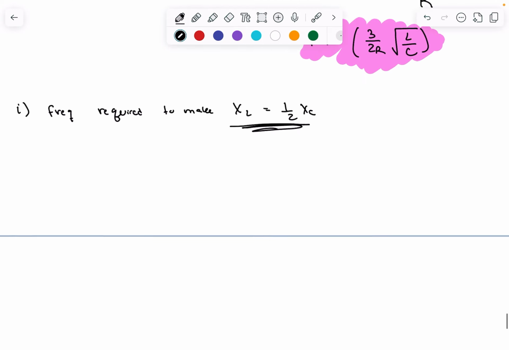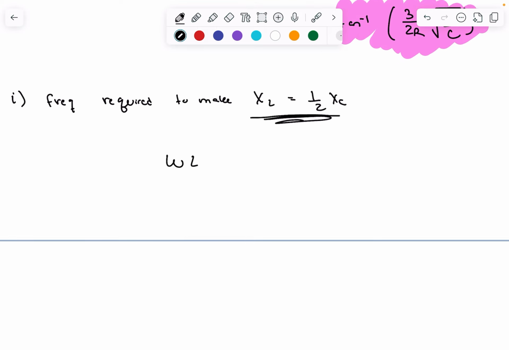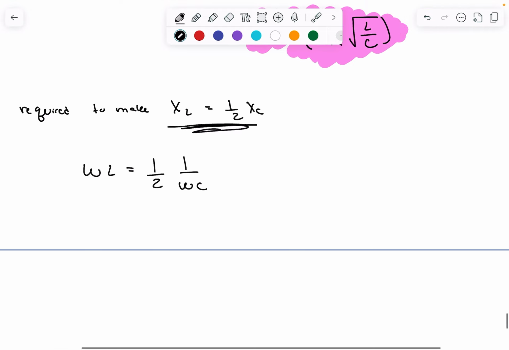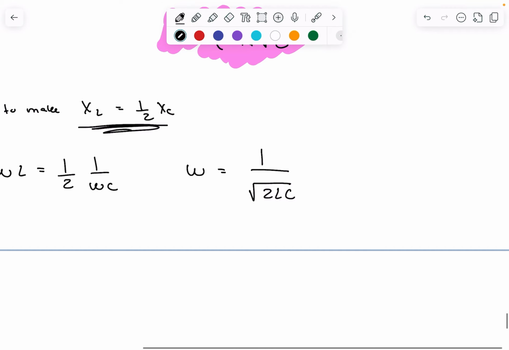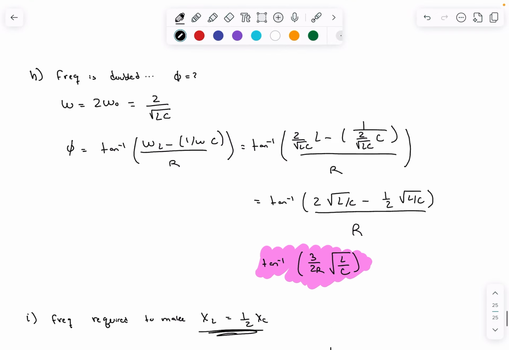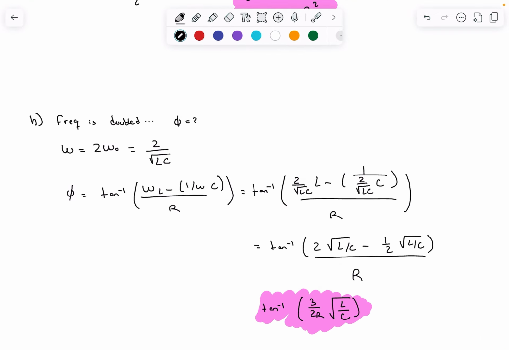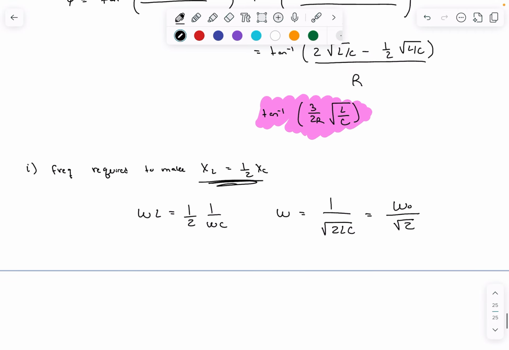If we write those out, we're saying we want omega L to be equal to 1/2 times 1 over omega C. So that means omega is equal to 1 over square root of 2 times L times C, or omega is equal to omega naught divided by the square root of 2. Of course, remember omega naught is equal to 1 over square root of LC. Okay, that is I, and that is it for this problem.